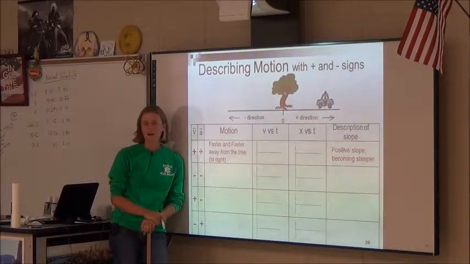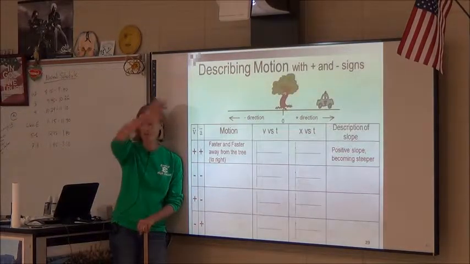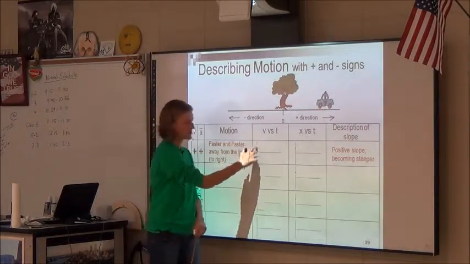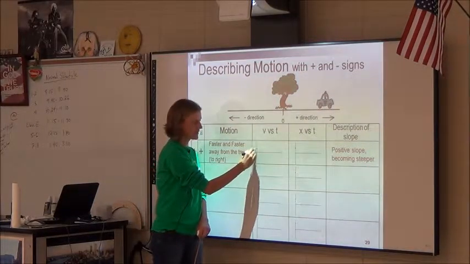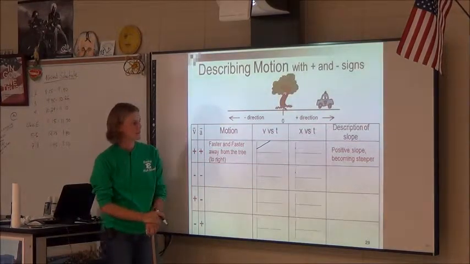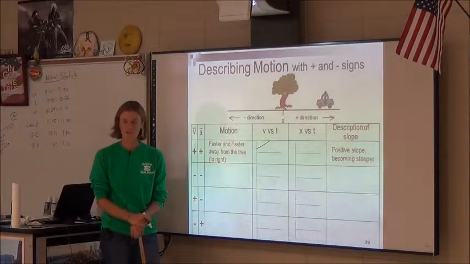What would your velocity graph look like? Yeah, just going up. And I told you it started as a positive velocity, so let's start our graph in the positive region. So just something like that, it's going up. But what about position?